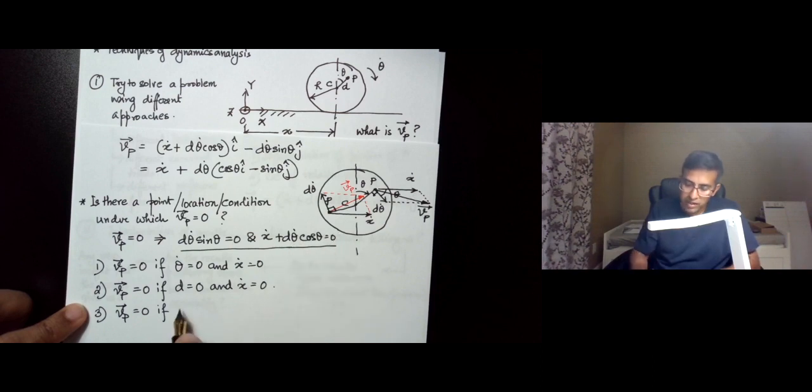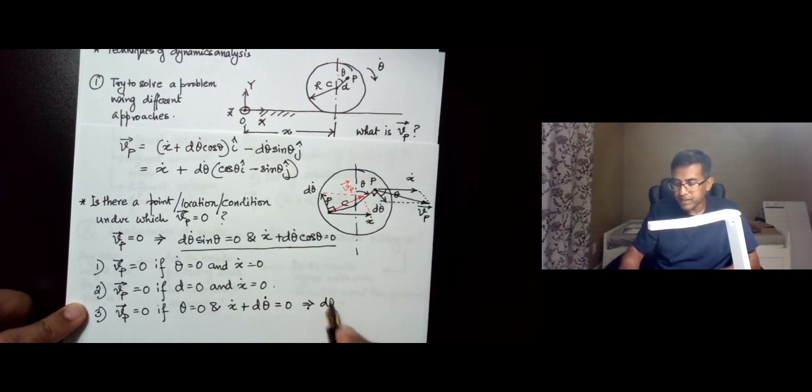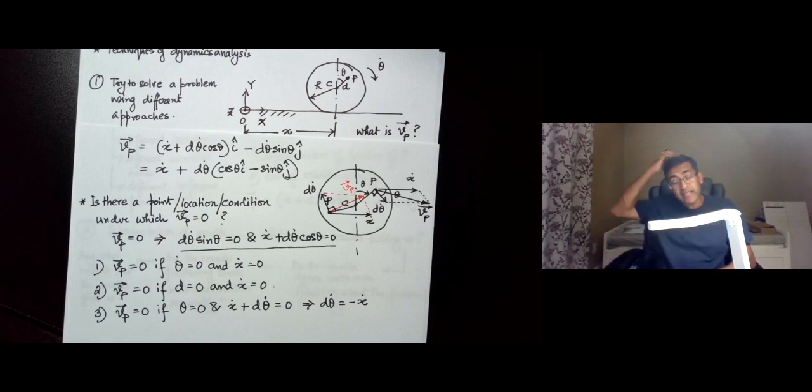Okay, so if theta equals 0 and x dot plus d theta dot is equal to 0, or if d theta dot is equal to negative x dot. Right, so that is one condition.